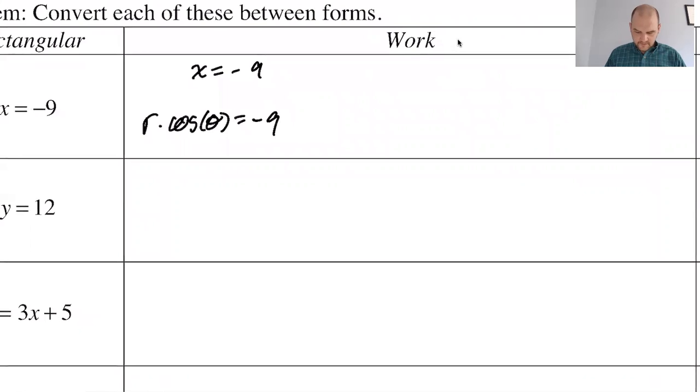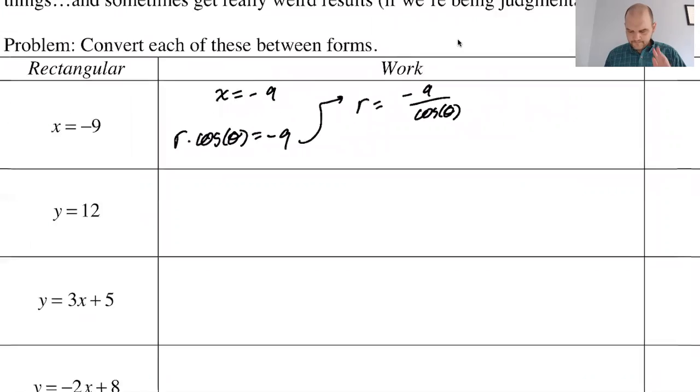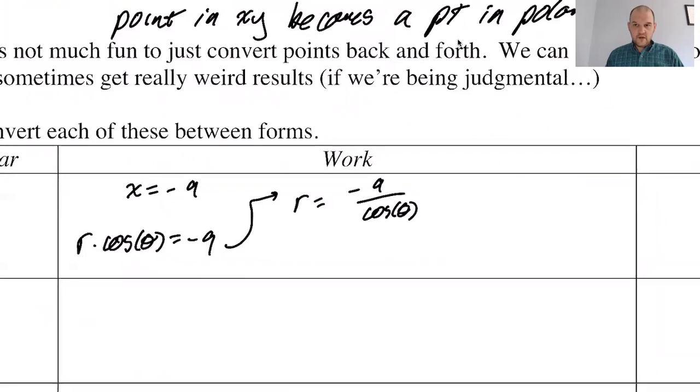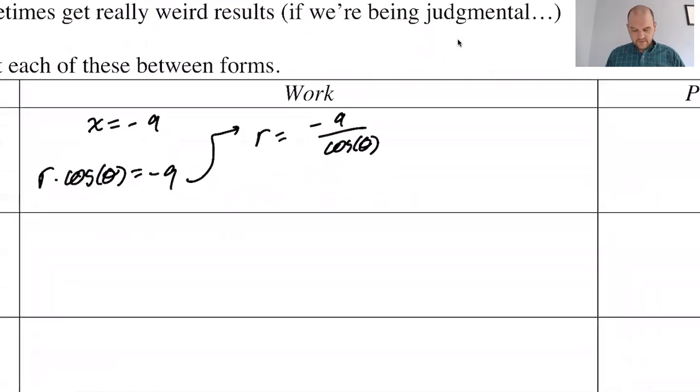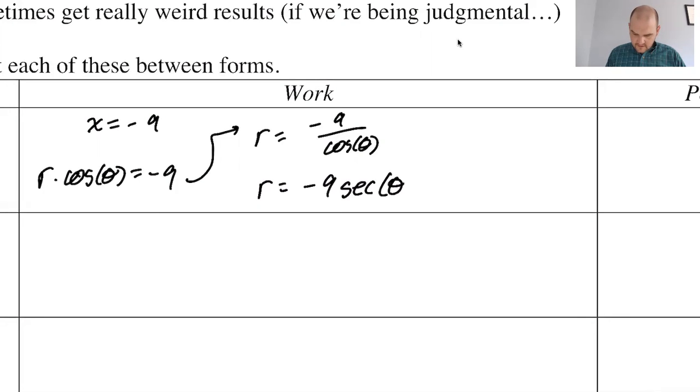So what we want to do is go from here to r equals -9 over cosine of theta, which is fine. And you could potentially stop there. We don't want to stop there though, right? Because that's awkward. So we're going to say r is -9. What's 1 over cosine? 1 over cosine is secant. So secant of theta.